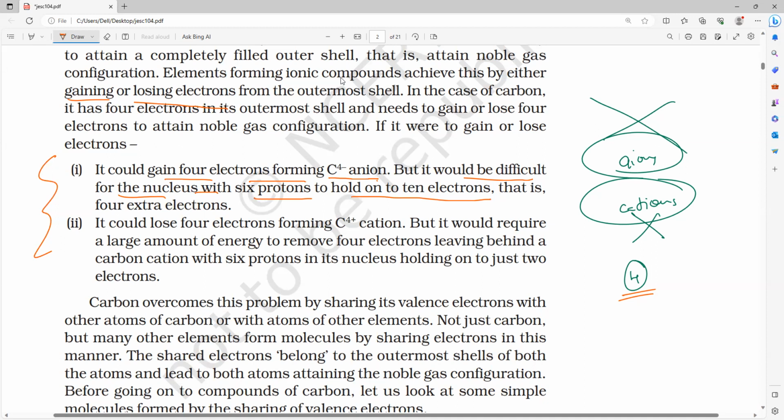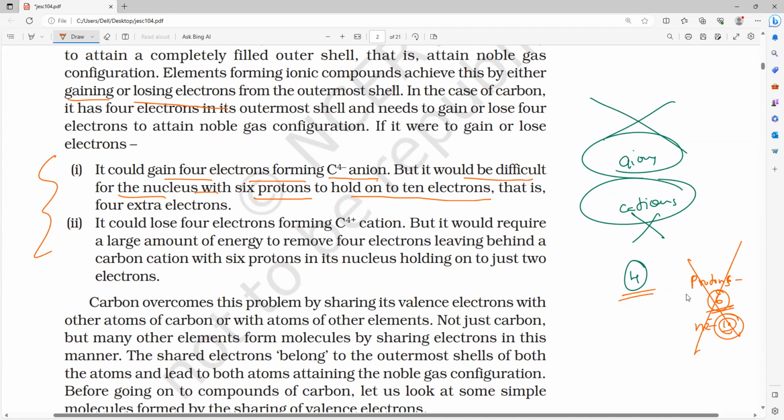The number of protons in carbon is 6, but the number of electrons becomes 10. So 6 protons cannot hold 10 electrons. That is the reason it cannot be.